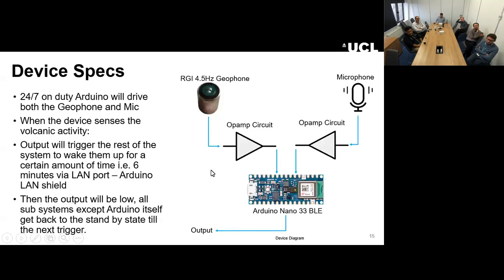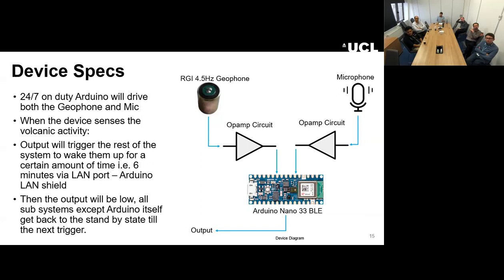And our device is basically going to be a 24/7 on-duty Arduino that will drive both the geophone and the microphone. And when the device senses volcanic activity, the output will trigger the rest of the system, the radar, the computer, maybe a 3G modem, everything, for a certain amount of time that we set. It can be 6 minutes.